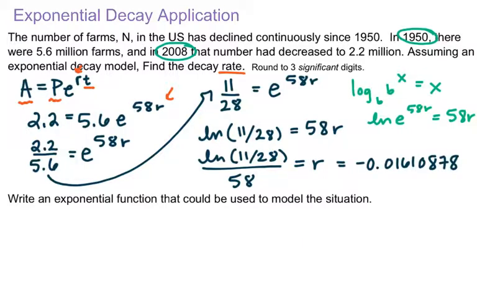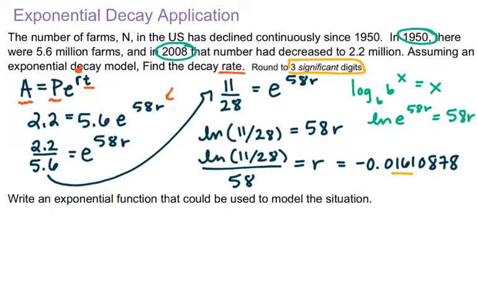Typing that into my calculator, I get negative 0.01610878. So this represents my decay rate. Now, I want to make sure we notice we're talking about significant digits or significant figures. That means we keep however many digits once the zeros stop. I'm going to keep 3 digits.